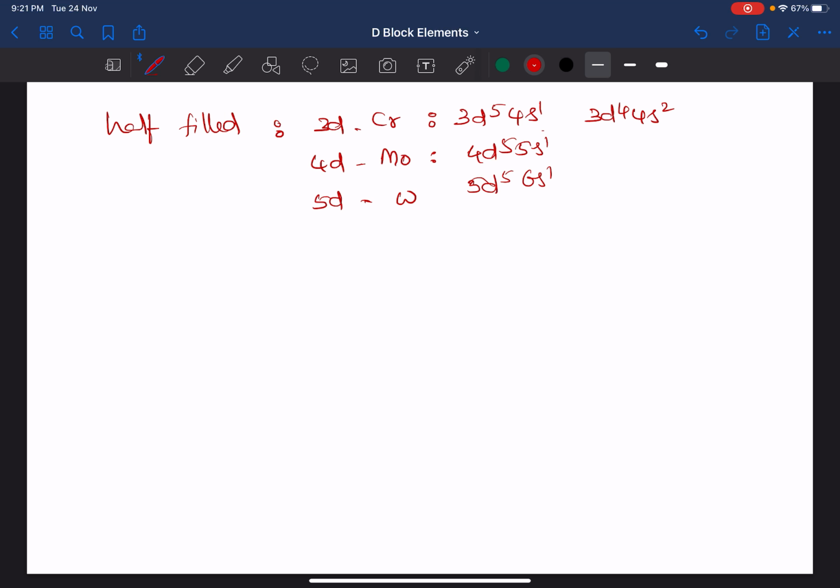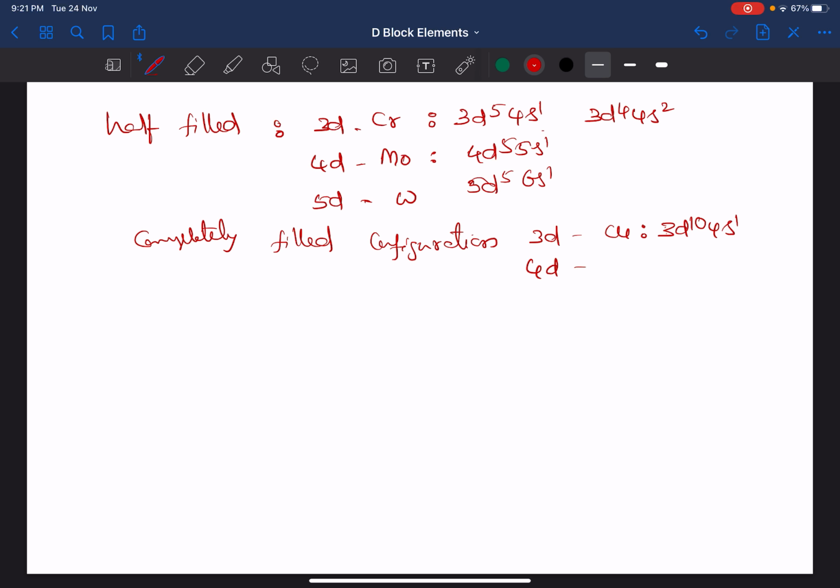And next, the completely filled configuration. In the 3d series, it is copper. Copper has atomic number 29 and its outermost electronic configuration is 3d10 4s1. That is completely filled in the 3d series.